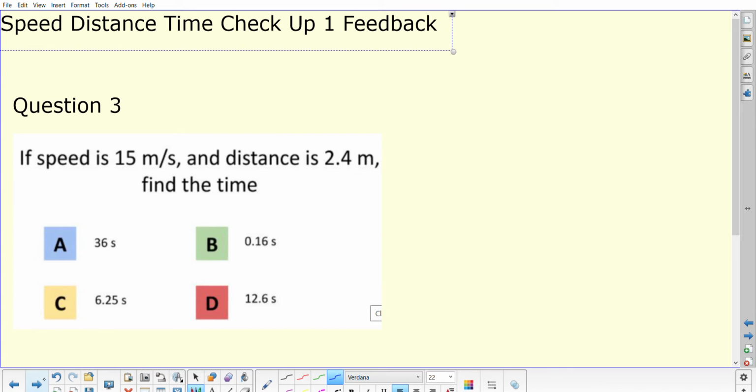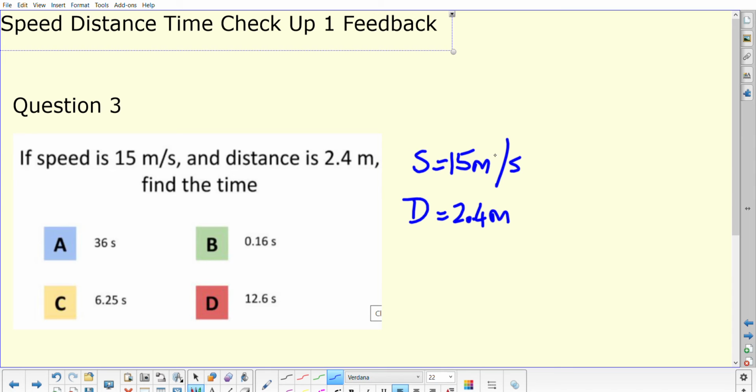Again, I think most people did get 1 and 2 correct. It was at question 3 that some people started to make some errors. In this one, you've been given that the speed is 15 metres per second this time, and the distance is 2.4 metres.